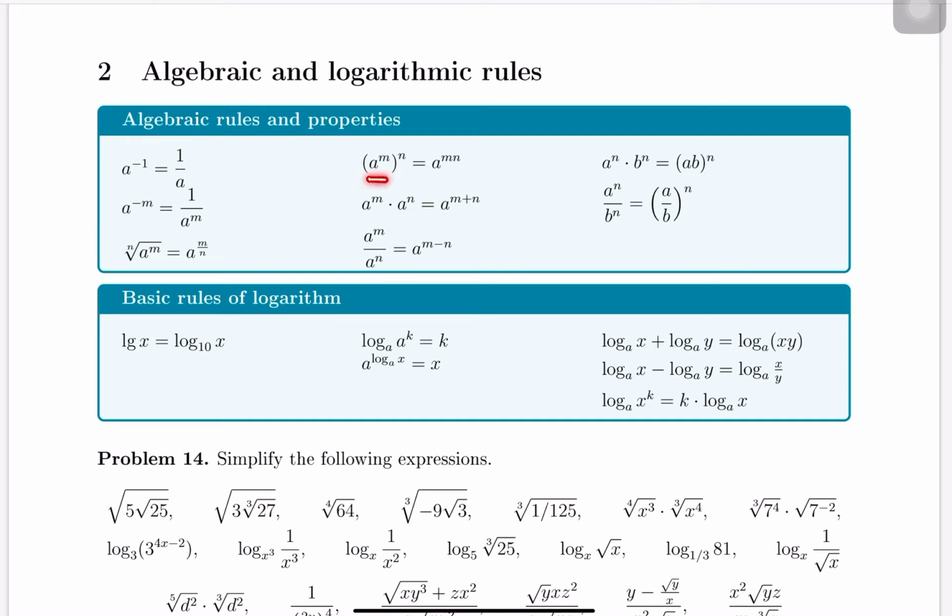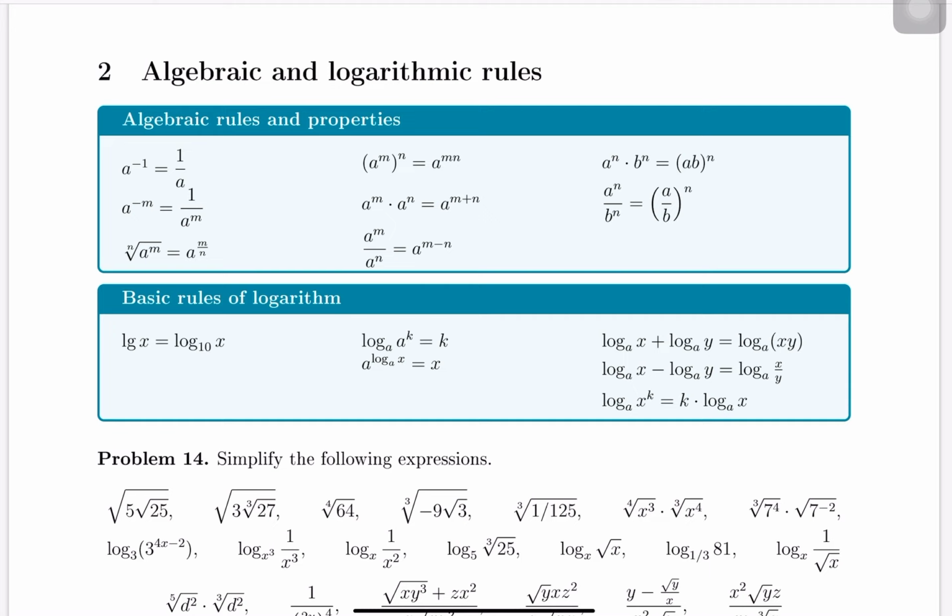If we have the same base, like a^m and a^n, multiplying these two, we have to add the powers together.